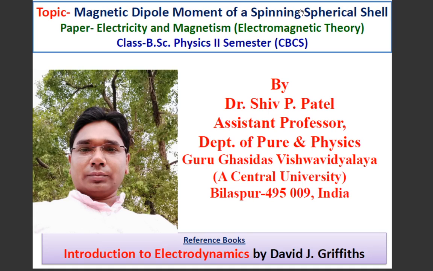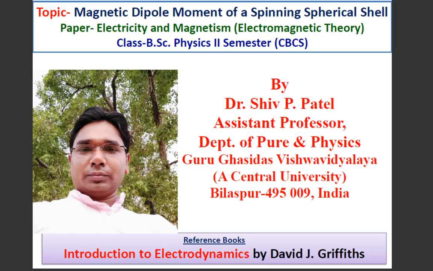So as we know, if a spherical shell is distributed with a surface charge, when it is spinning, when it is rotating with some angular velocity, obviously this surface charge will also move. If surface charge moves, it will give a current. And we have learned in magnetostatics that a steady current always produces a magnetic field.